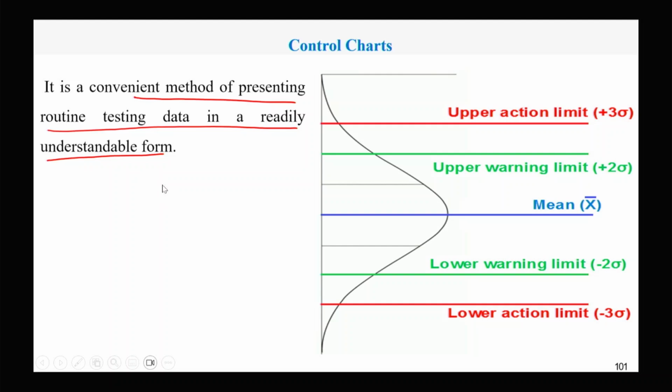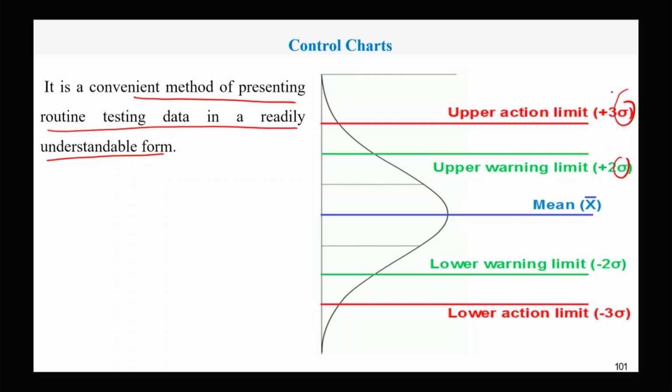This is the initial chart, which is created based on our previous experience. From our experience, we know what the standard deviation should be.